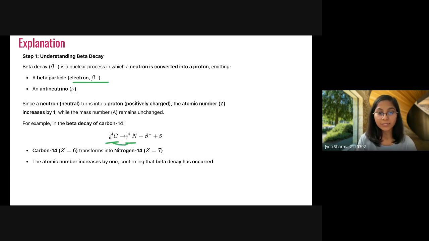It has increased by 1 because one beta, or electron, has been emitted, and this increases your atomic number by 1. So this is how beta decay occurs if your atomic number has increased by 1.